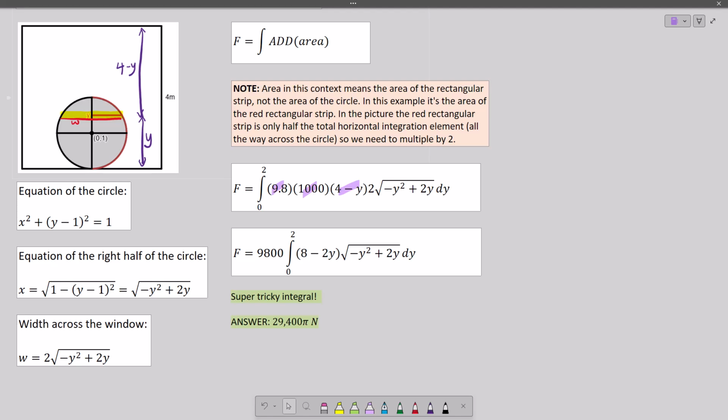So center at the origin would be x squared plus y squared equals 1, but we're shifting it up 1 unit. So instead of a y squared, we have a y minus 1, since we shifted it up 1 unit. The equation of a circle in general is x minus the x coordinate of the center, x minus 0, squared, plus y minus the y coordinate of the center, so y minus 1, quantity squared, equals the radius squared. So there's our equation.